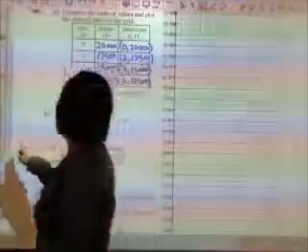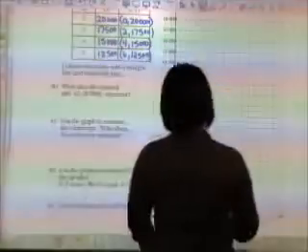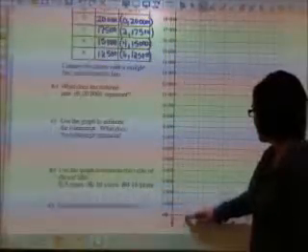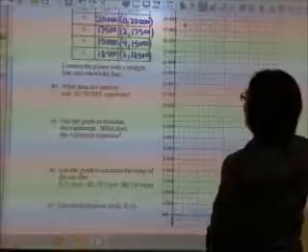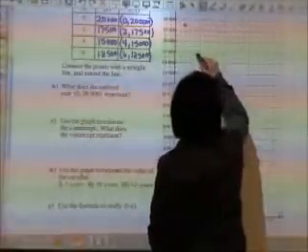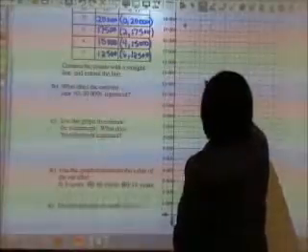And then I just need to see my scale. So after 2 years I'm at 17,500. 4 years I am at 15,000. And at 6 years I'm at 12,500.